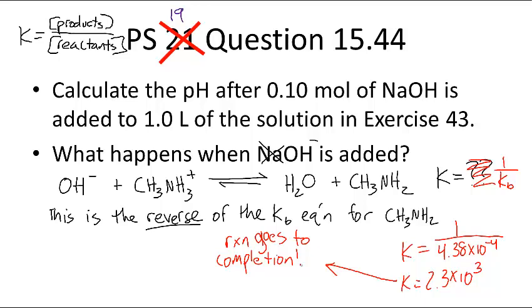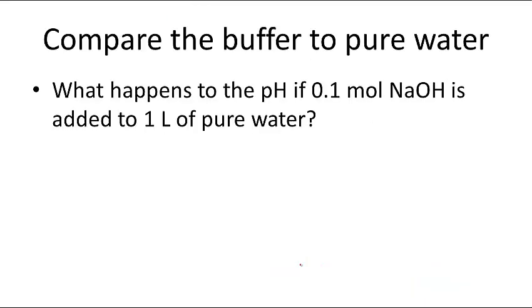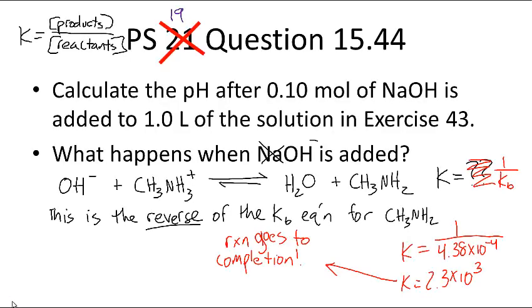So now, how do I use that to answer the question that's asked? Well, I can do a RICE chart. There's really two approaches I could take, so I'm going to do a split screen here. One approach is going to be to do the long RICE chart.